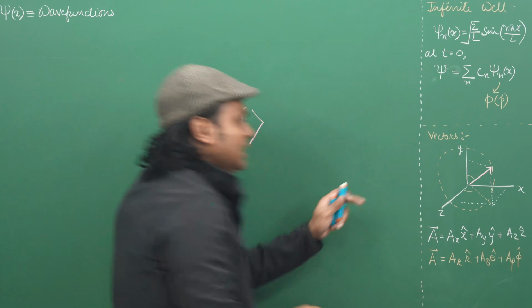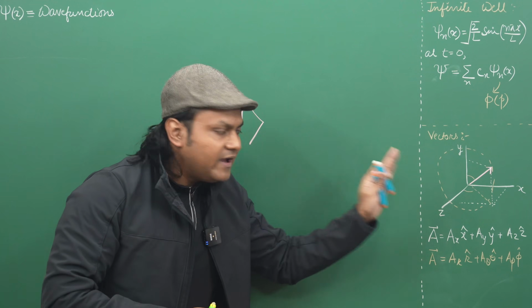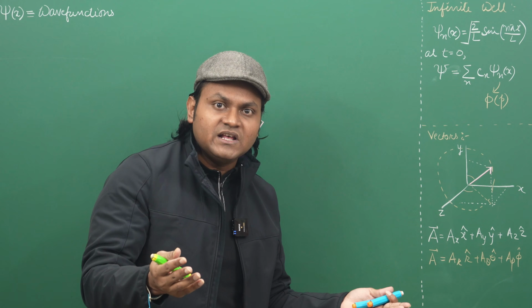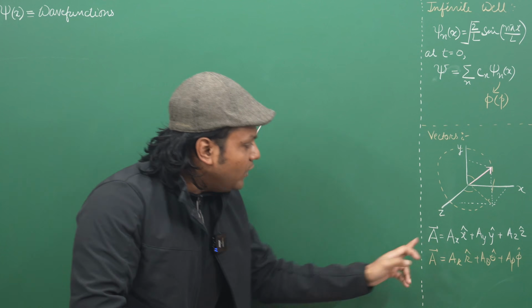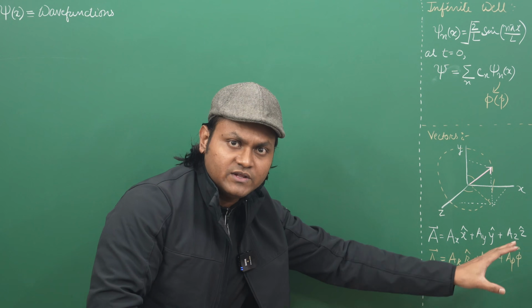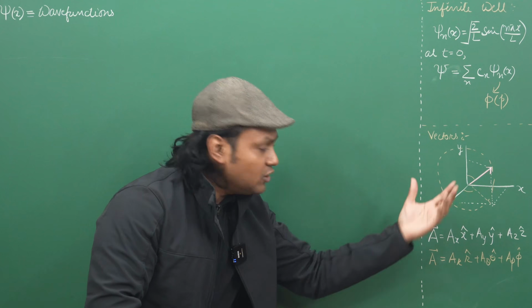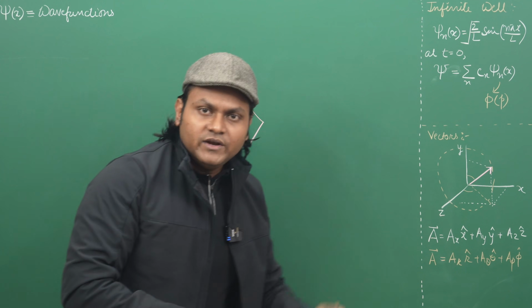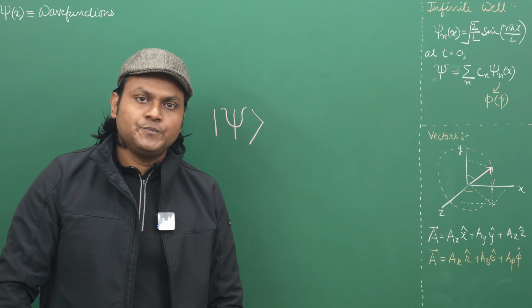I think most of you are familiar with this kind of a thing, that the vectors themselves remain the same. There is no change in the vectors themselves, but the way we write the vectors in terms of the components, the numbers associated with the vector, they change depending upon the coordinate system. Even if I translate the coordinate system or I rotate the coordinate system, all these numbers are going to change.